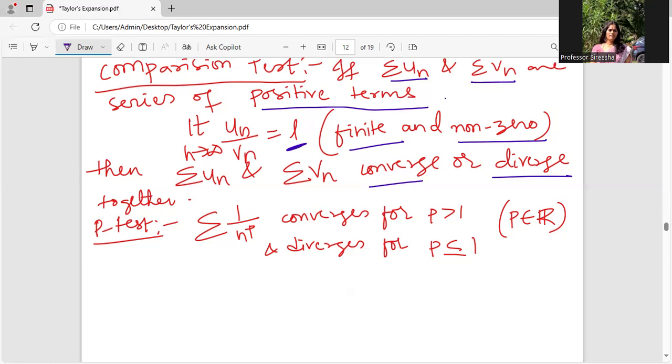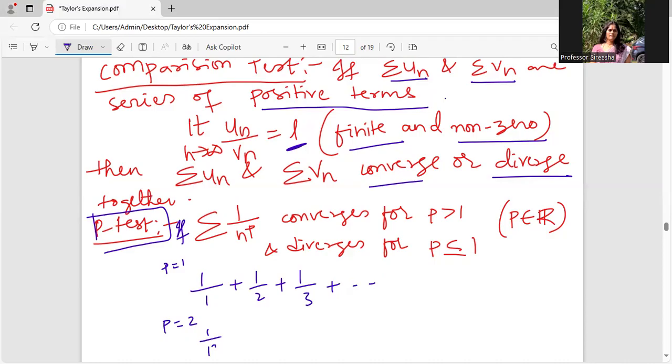For the comparison test, there's one test that will be very useful for students. That is the P test, or the P series test. If we have summation 1 by n power P, then if P is equal to 1, it is 1 by 1, 1 by 2, 1 by 3, like that. If P is equal to 2, it would be 1 by 1 squared, 1 by 2 squared, 1 by 3 squared.